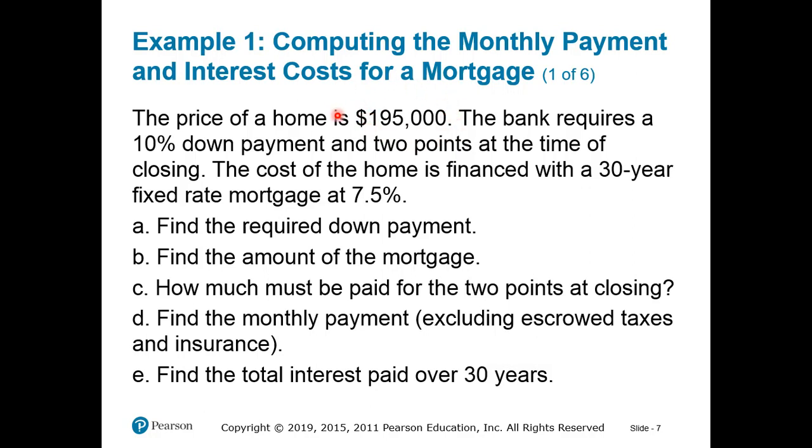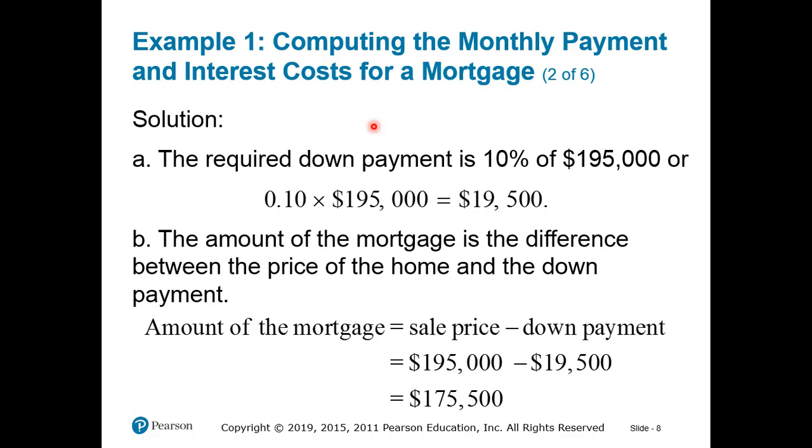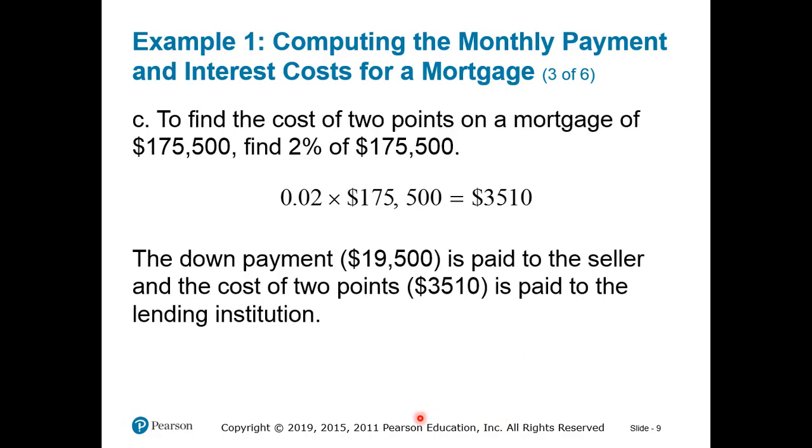So we're going to pay 2% of that. We're going to take 2% of this, and that's going to be the amount of the 2 points. And so this is what we're going to have to pay at closing extra. So this will be a separate check that we'll have to bring at closing to pay for the points.